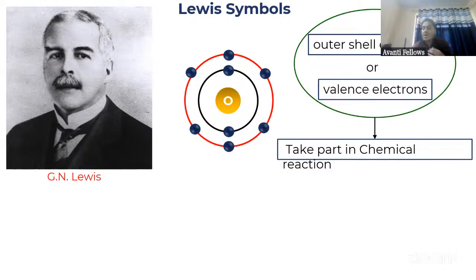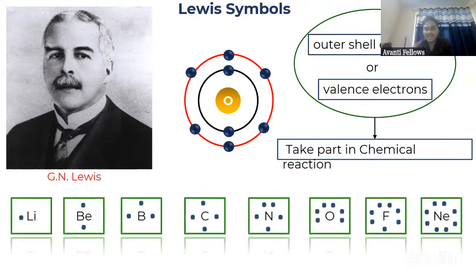Why? Because only valence electrons or outer shell electrons take part in a chemical reaction. Let's understand with an example. Lithium, sodium, potassium, rubidium, these all contain only one electron in their valence shell. So we can represent it as one electron in lithium.